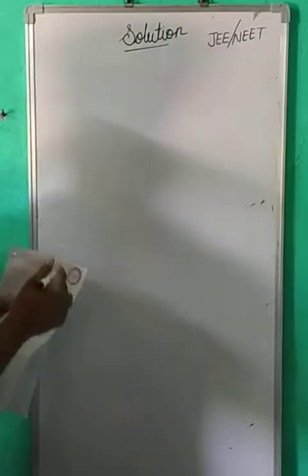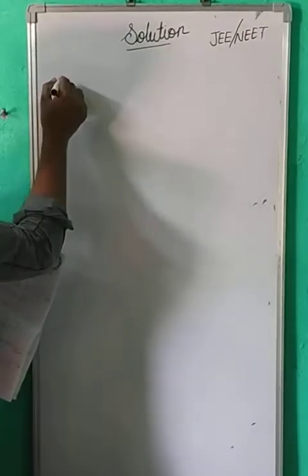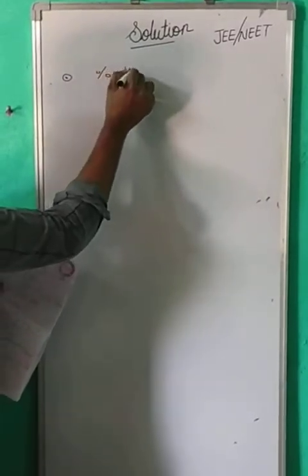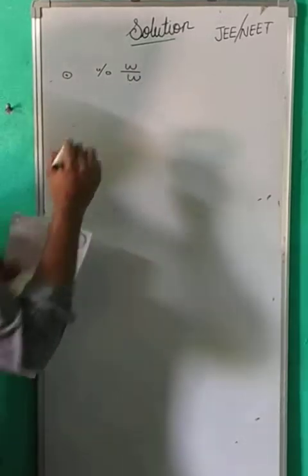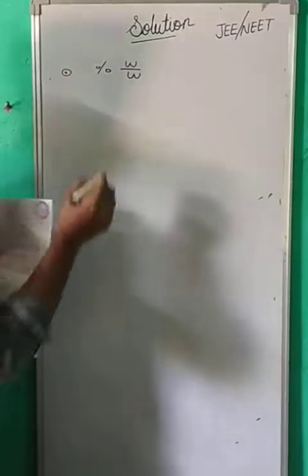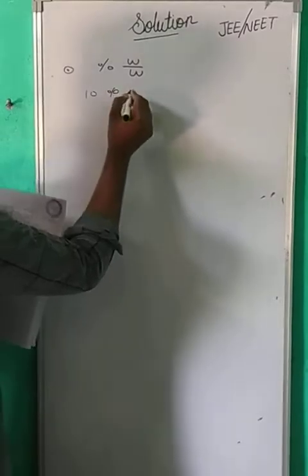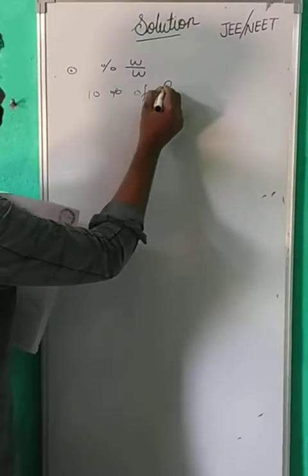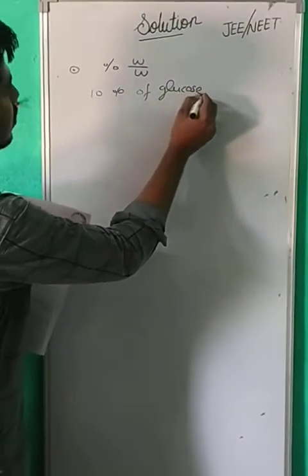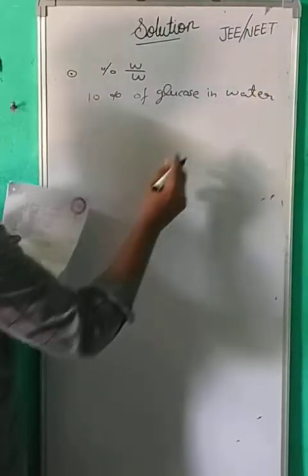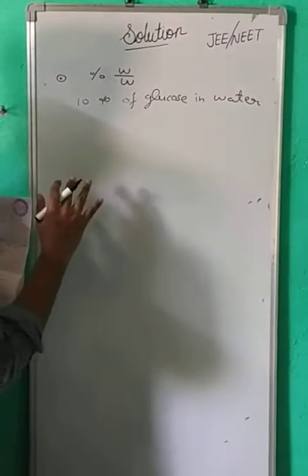Let us begin with the first concentration term, that is percentage weight by weight. Now 10% of glucose in water, that means what?